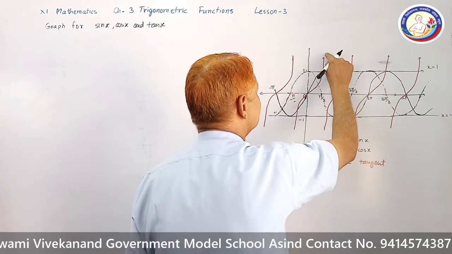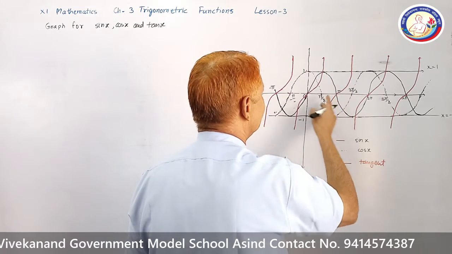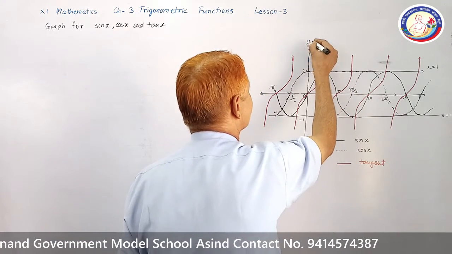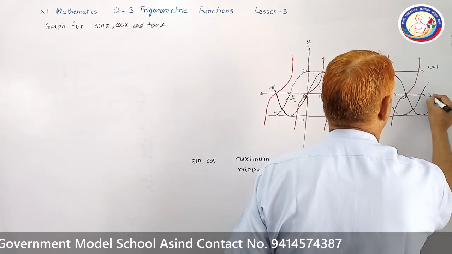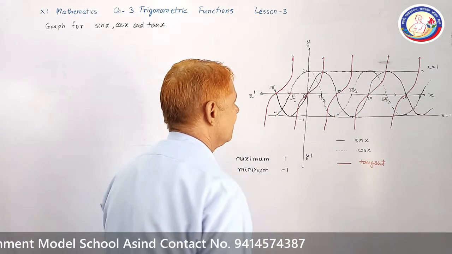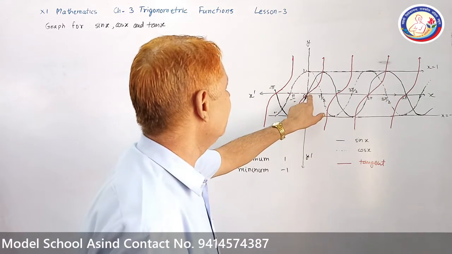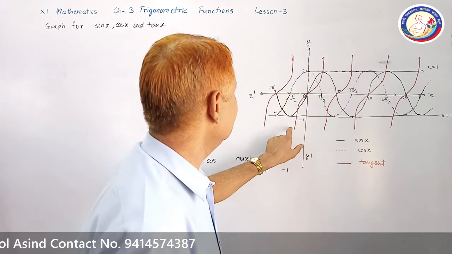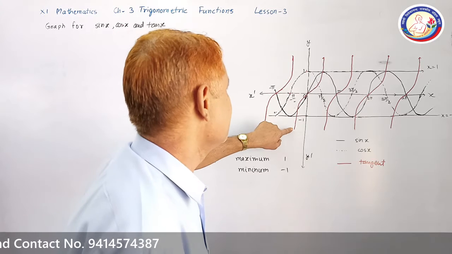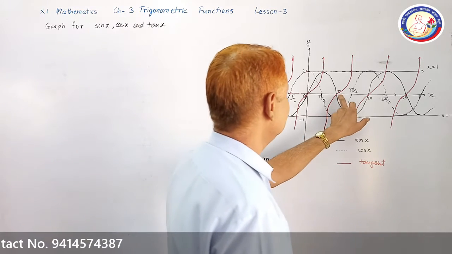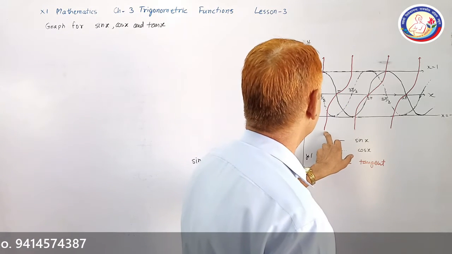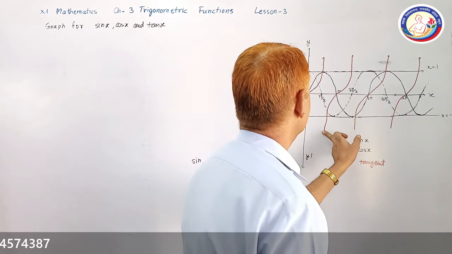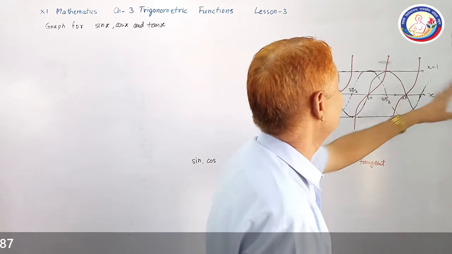The line almost becomes parallel to the y-axis here. This will be the pattern. At 0 it is 0, at pi by 2 it is infinite, and at minus pi by 2 it is minus infinite. Again at pi it is 0, and it will start from minus infinity, and this will be the pattern.